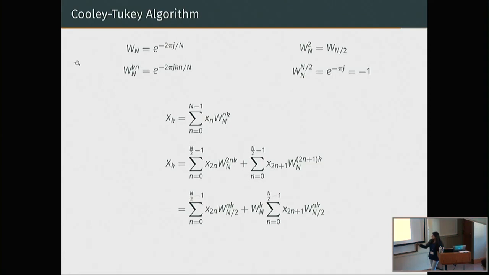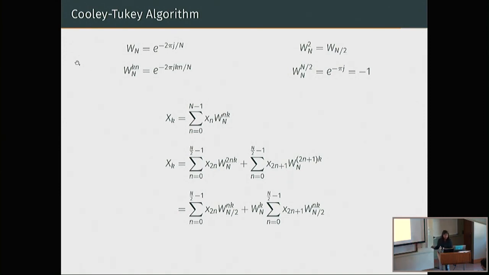Also, I have taken this W squared n and used the similarity right here to write Wn by 2. And now you can see that these two summations in themselves, which are half of the total summation required to get this, are exactly same as this. So this is like a discrete Fourier transform, but over half the number of samples the entire length x has. And this is the rest of the half.